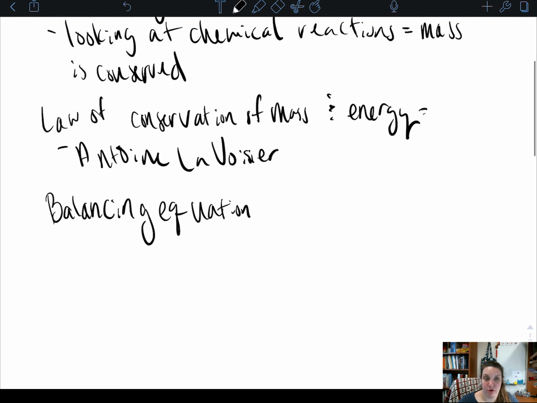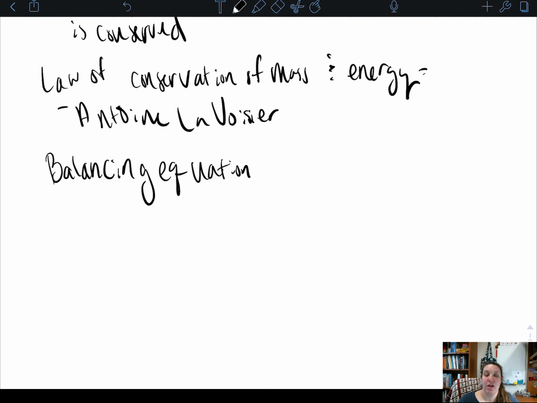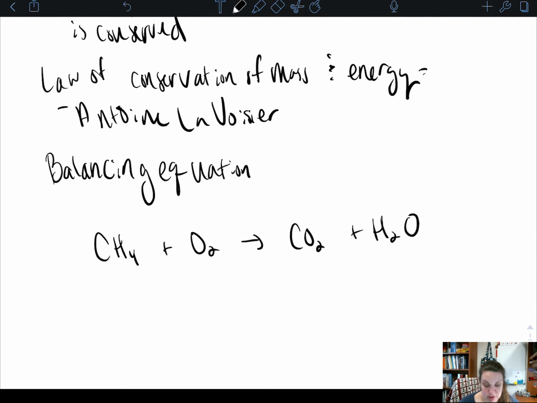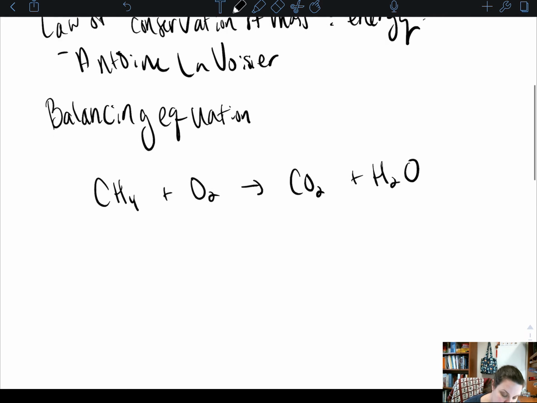If we have an equation, we're going to have the same number of elements of each type on both sides. So if we took a reaction like this, for instance, CH4 plus O2 goes to CO2 plus H2O, we have carbon, oxygen, and hydrogen on the left side of our reaction, and on the right side of our reaction.